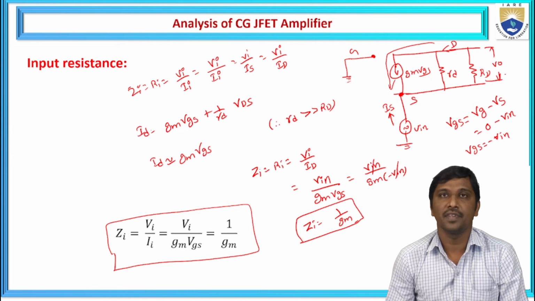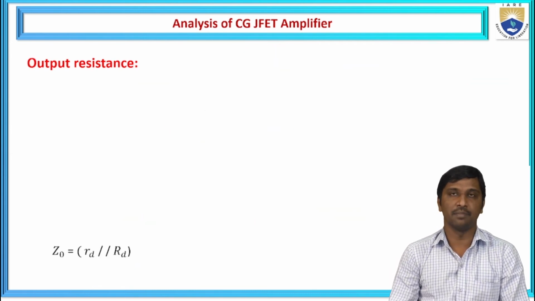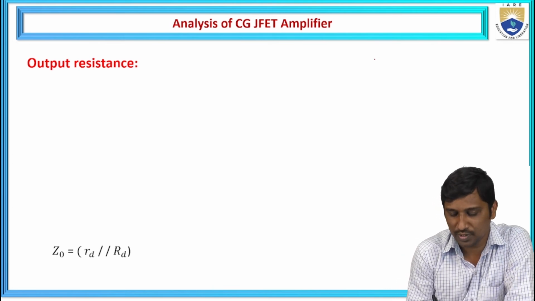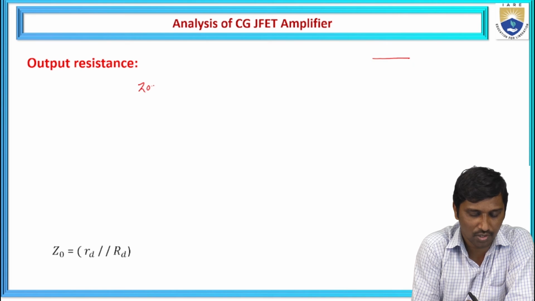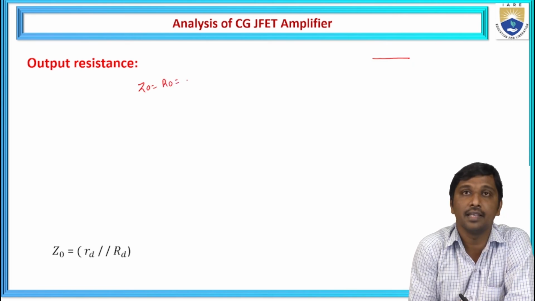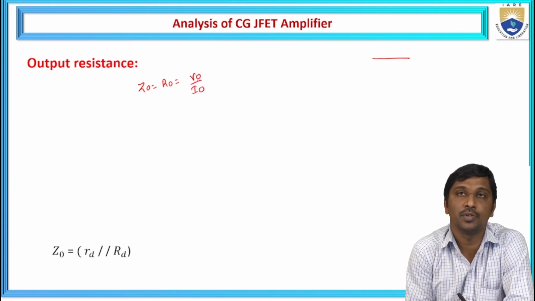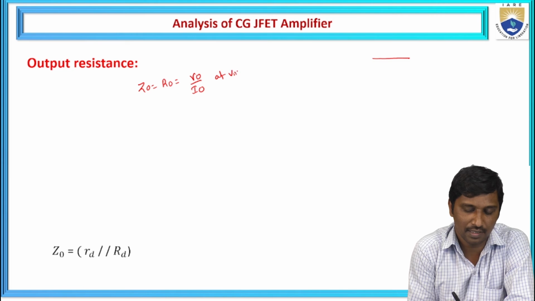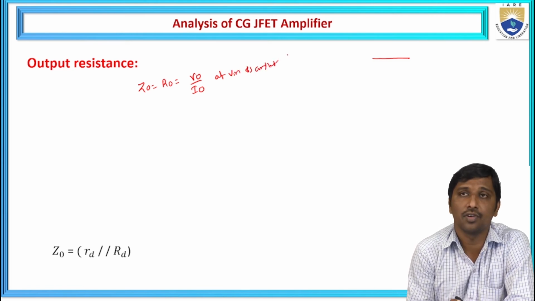Similarly, we need to calculate the output resistance or output impedance. From the output side, Z0, or R0, is defined as the ratio of output voltage to output current when the input voltage is constant, or VGS is constant.